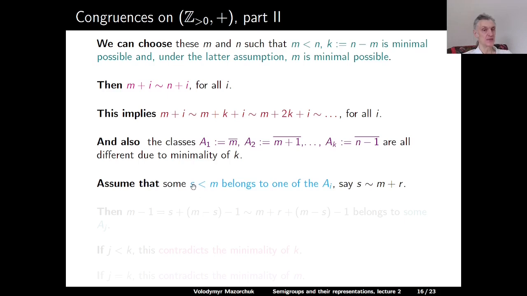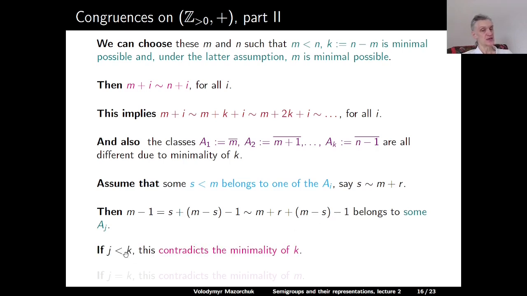So assume that some s which is smaller than m belongs to one of these ai's. Say s is equivalent to some m plus r. Then m minus 1 equals s plus m minus s minus 1, and this is equivalent to m plus r plus m minus s minus 1, which belongs to some aj.